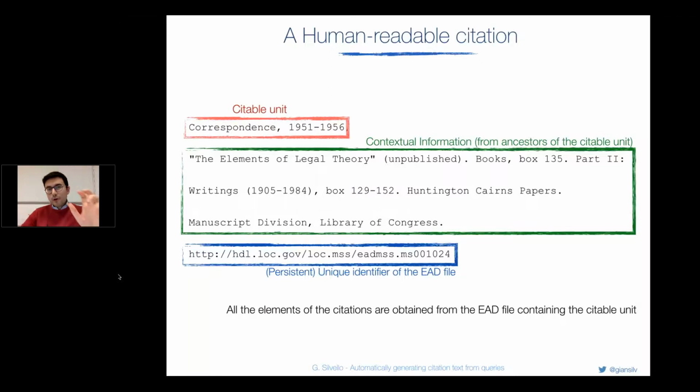So the key point is that all this information can be found in the XML file. The problem is that it's very hard to find this information within the file if you do not know how to process and to query XML.